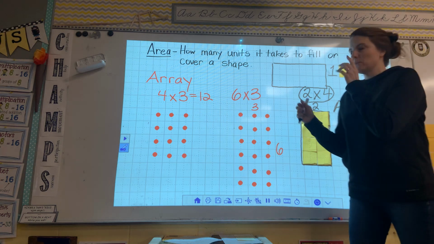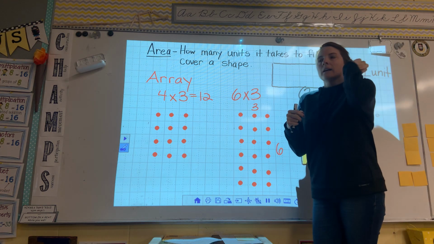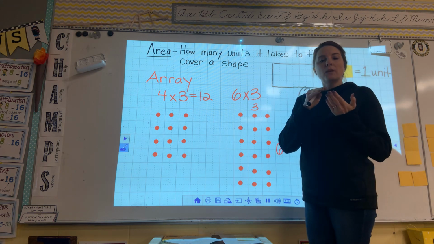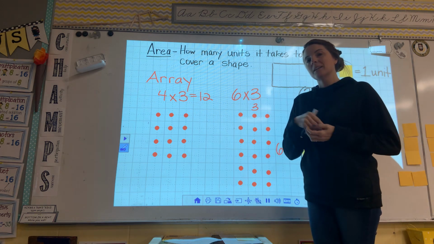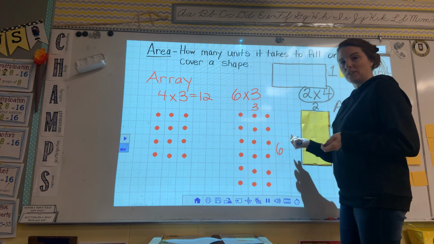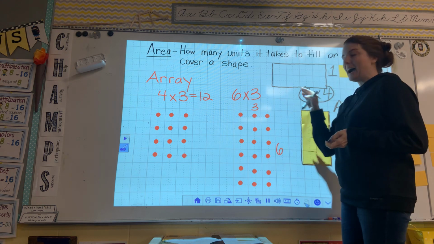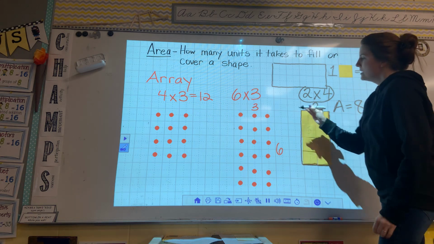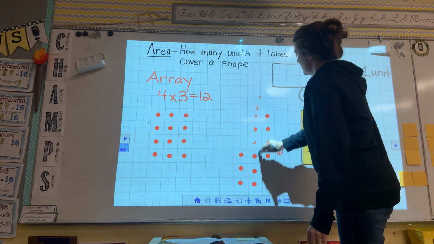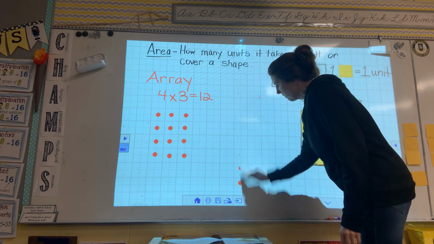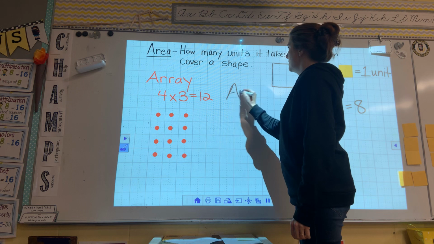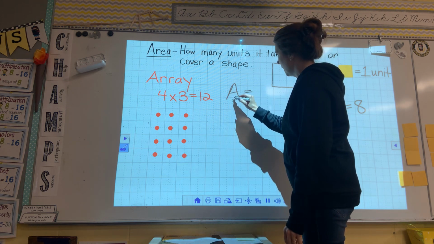So can you see why we waited to do area and perimeter until we understood multiplication? Because it is multiplication that helps you figure out how many units it takes to cover. Okay, so if we look at this and I say, what is the area of this shape?